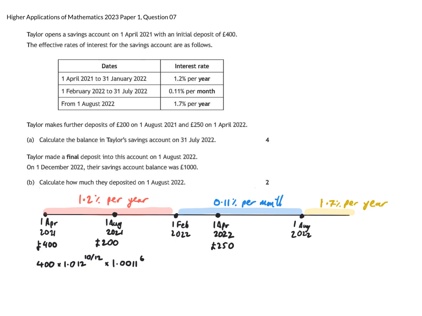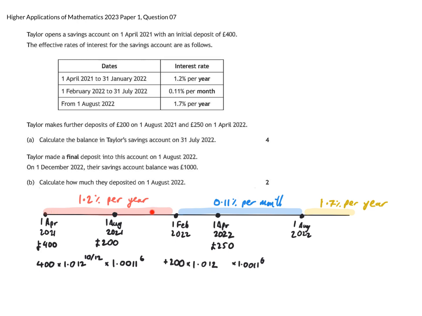We now have to deal with the £200. So we're going to add on the accumulated value. The £200 will be getting that 1.2 annual interest rate, and it's also going to be getting that 0.11 monthly interest rate. For the monthly interest rate, it's still going to be getting that for 6 months.